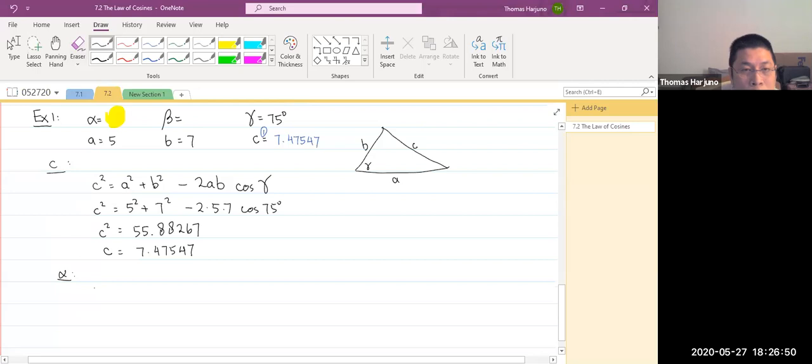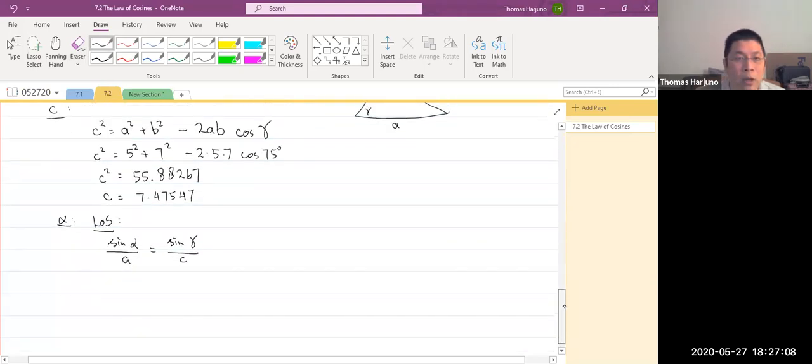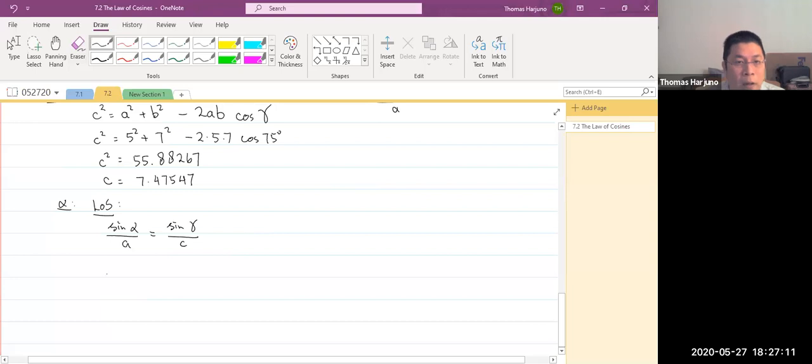Sine alpha over A equals sine gamma over C. Then we have sine alpha over 5 equals sine, what's my gamma again? 75 degrees over C, which is 7.47547.